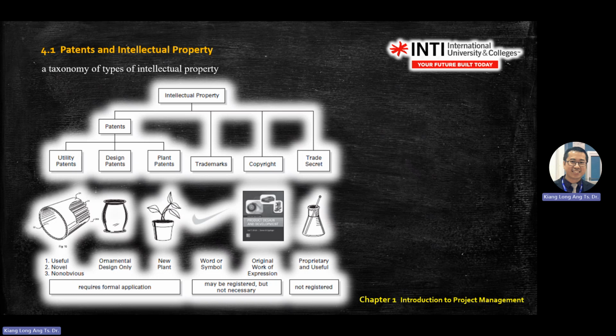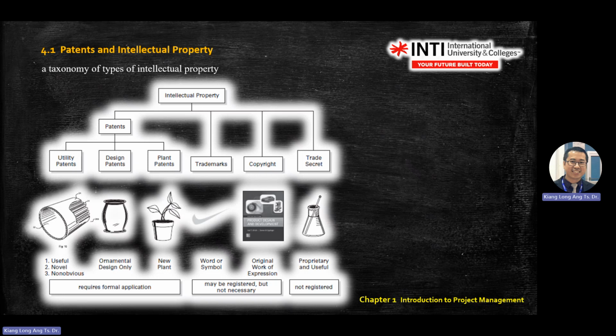You know the glass, the very old classic Coca-Cola bottle. Have you seen it? If you're too young, you've never seen this one. That one is actually under design patent. Means the shape.